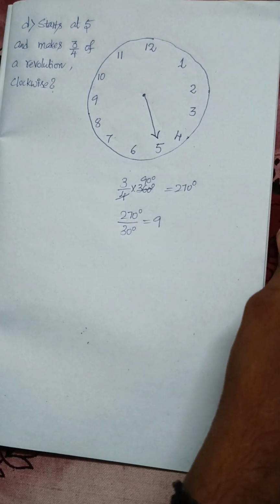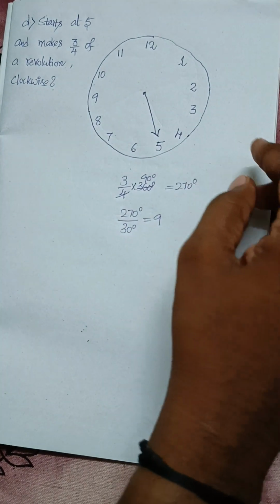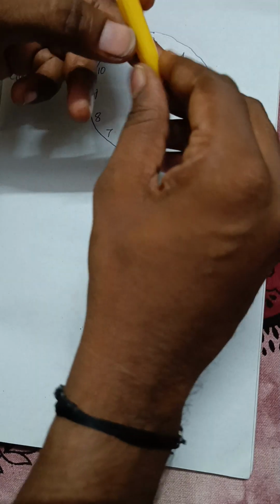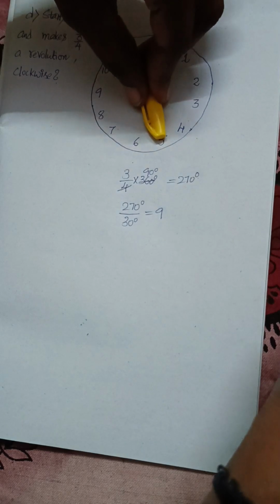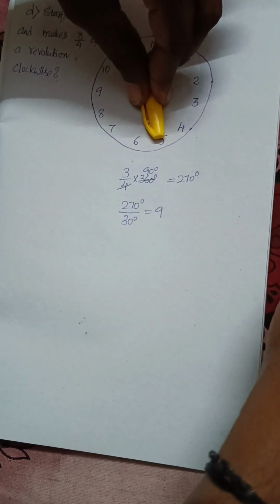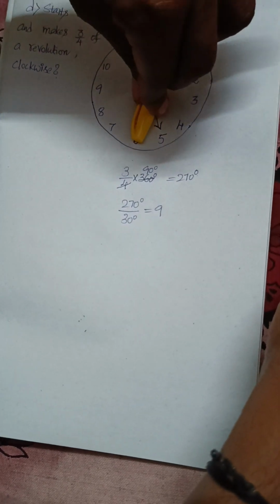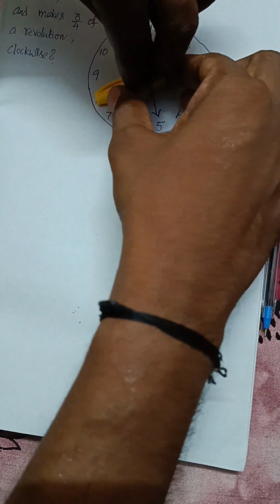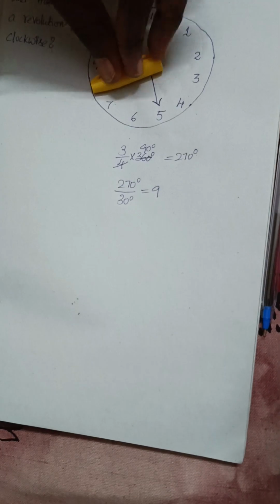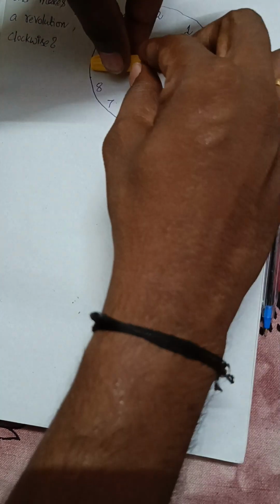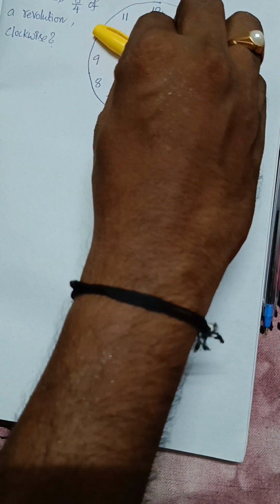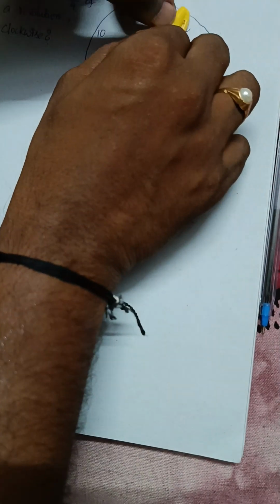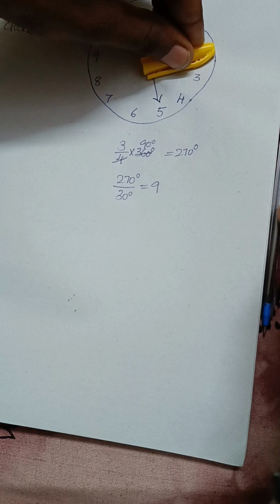So it must cover 9 hours from 5 by revolving clockwise. Now see, initially the clock will be at 5 o'clock. After covering 30 degrees it will reach 6, next it will reach 7, next it will reach 8. So at 8 it has covered 90 degrees, then 120, 150, 180, 210, 240 degrees and 270 degrees.